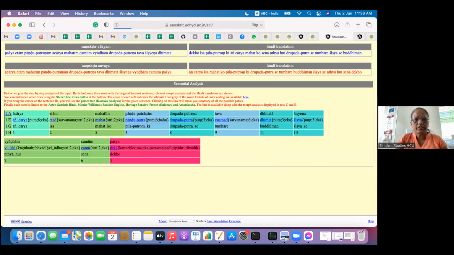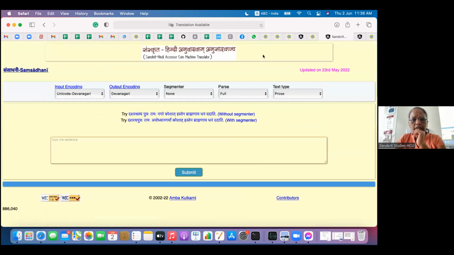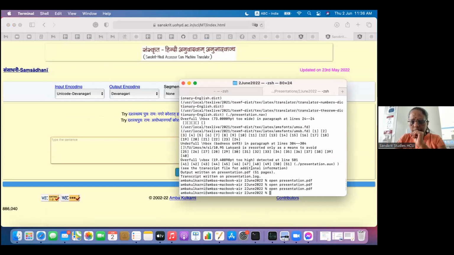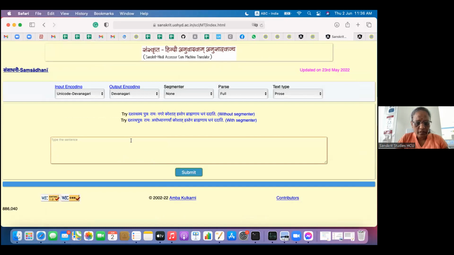This is our website, Samsadhani, and we go to this Sanskrit Hindi machine translation system. And I give this input, which is a shloka from Bhagavad Gita.